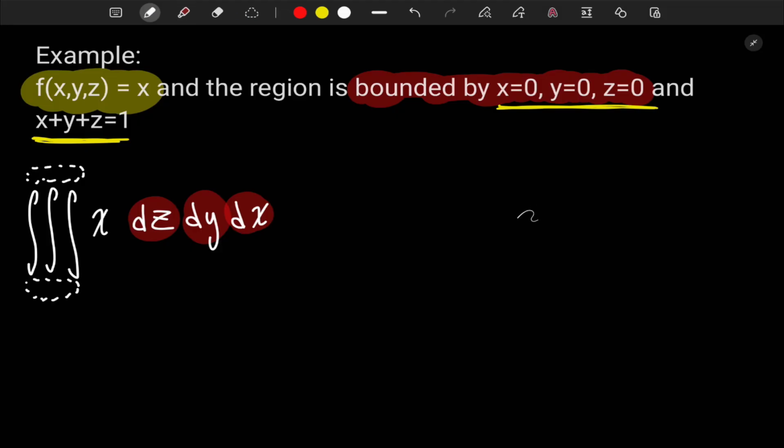So basically, if we try to draw this, x equals 0 is basically the y-axis.